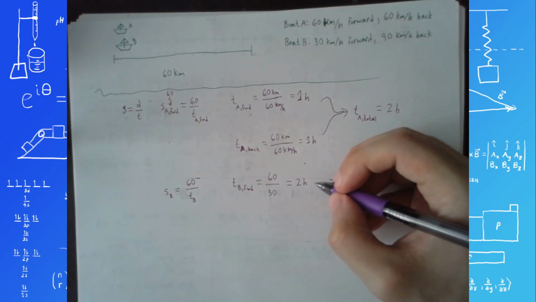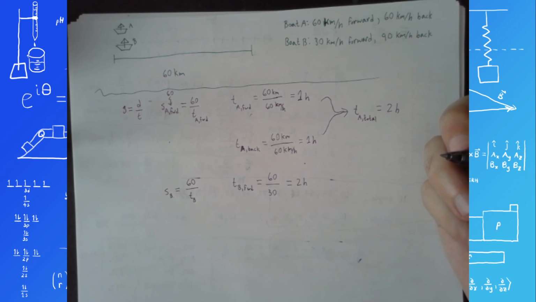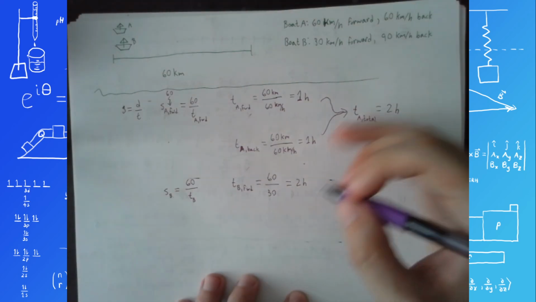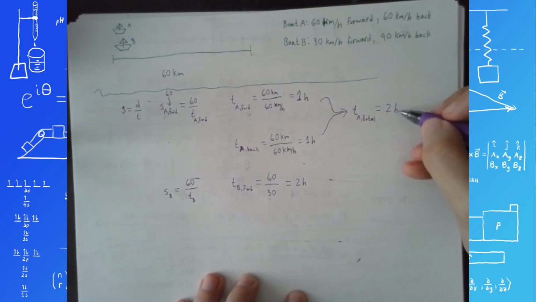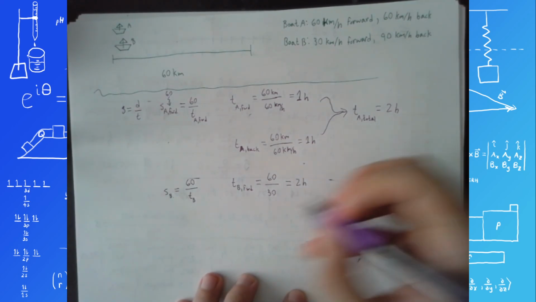So already boat B has lost. In terms of distance, it lost by 60 kilometers. In terms of time, it lost by, well, I guess we're about to find out. How much longer after the 2-hour mark does it take for boat B to come back?